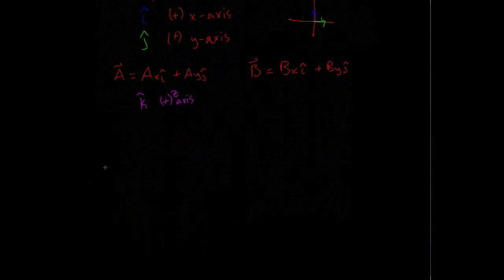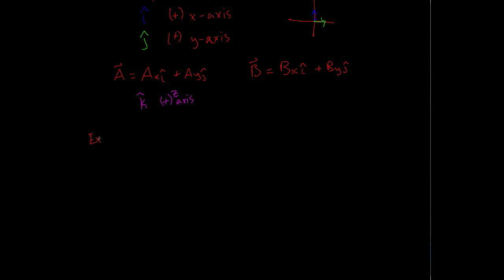So, how do we actually use these? Well, let me give you an example. I'll give you 2 vectors. You've got vector D, and it is defined as 6I plus 3J minus K meters.